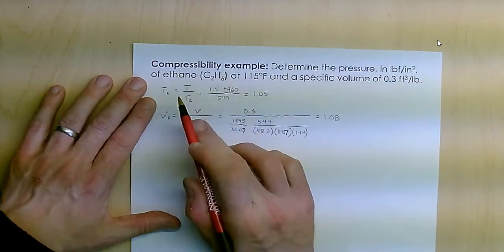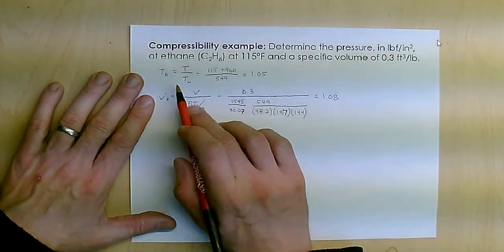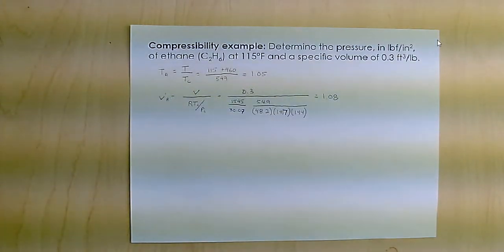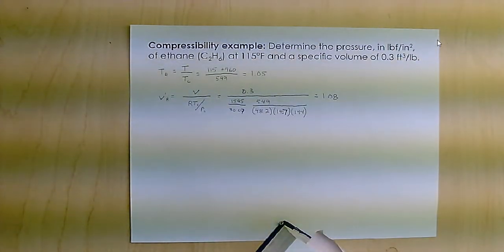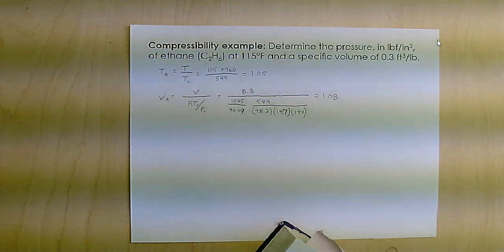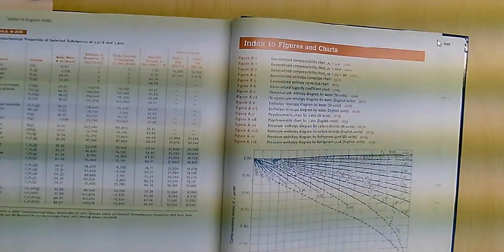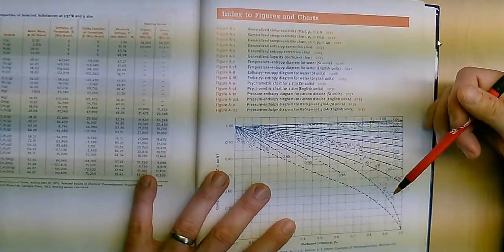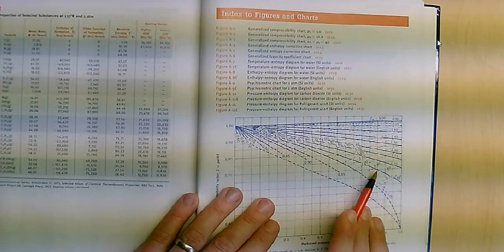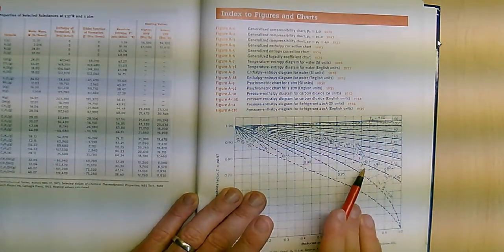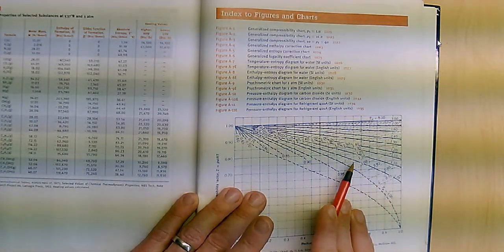Now, using the reduced temperature and the reduced volume, I can use this chart in the back of the book, the compressibility chart, to calculate what Z is. So I'm going to go to the chart, and you can see my temperature lines go this way, and here's the 1.05 temperature line.